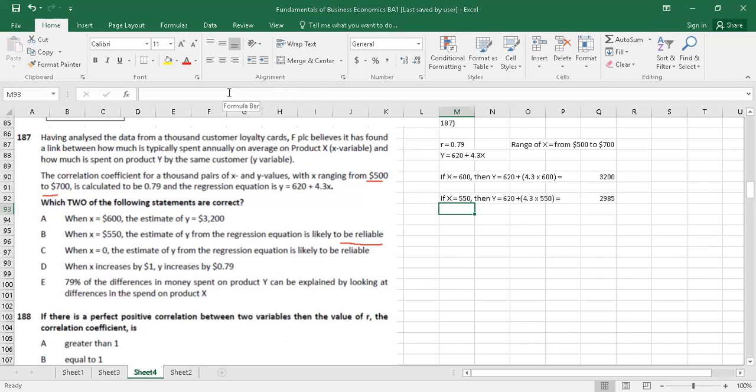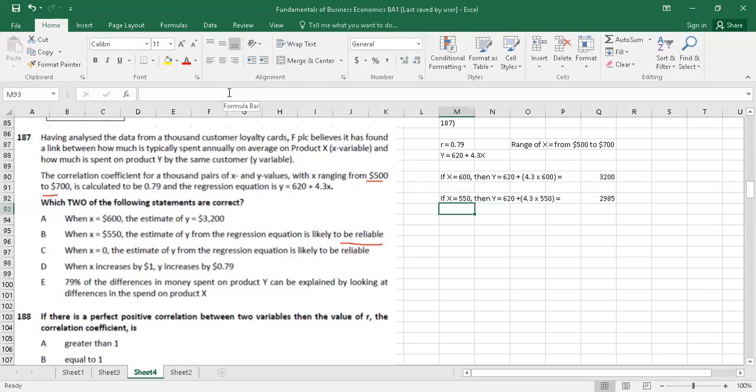When x is equal to 0, the estimate of y from the regression equation is likely to be reliable. The range starts from 500 to 700, and 0 is far away from 500. It is not part of the range, so we cannot say that it is reliable.